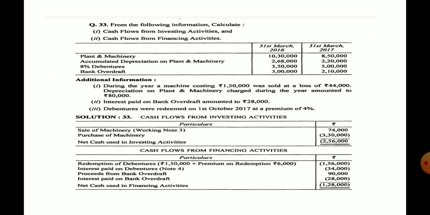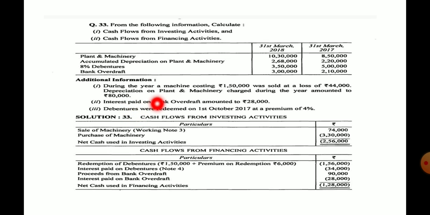Calculate investing activity and financing activity, both are given, so you have to calculate. First you have to calculate investing activity. Check here, plant and machinery is given, accumulated depreciation on plant and machinery is given, 8% debenture, bank overdraft.